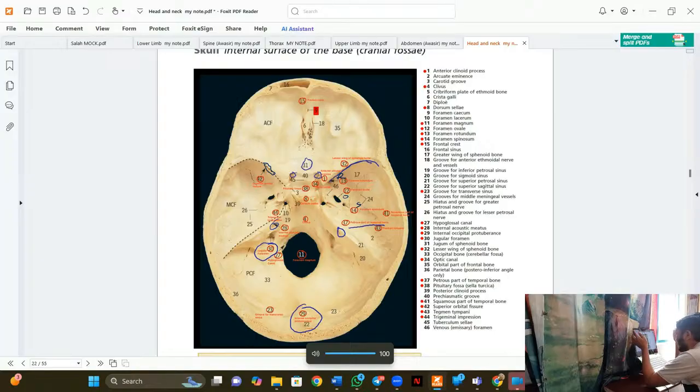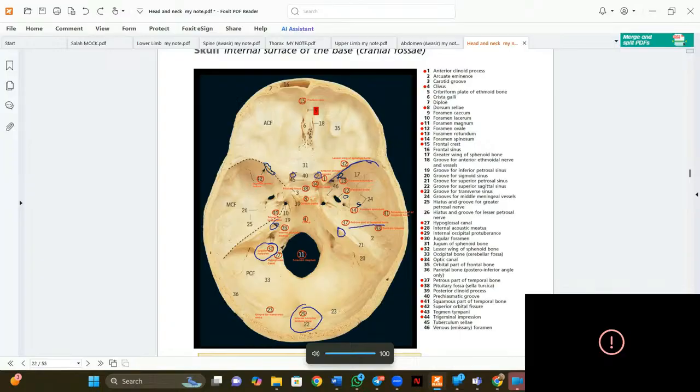What is 31? No, 31 not important. 32 already said, I think, before. Where is 32? 32 lesser wing of the sphenoid.